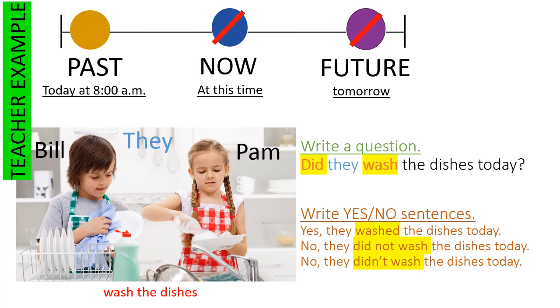And remember, during our lesson, we had students that taught us that didn't is the same as did not. It's just putting did and not together, and it's a faster way of saying did not, didn't, okay?